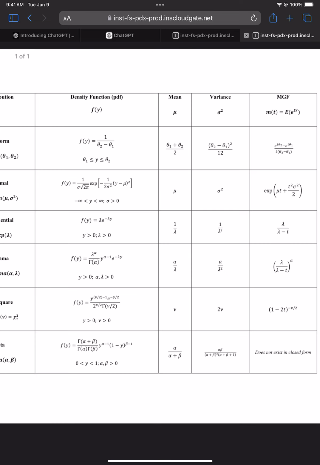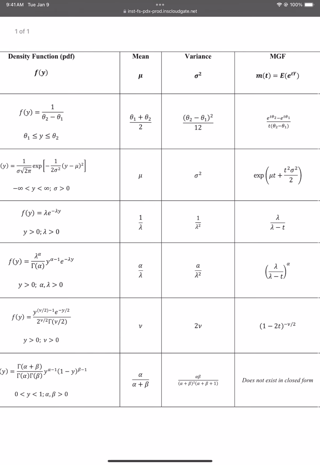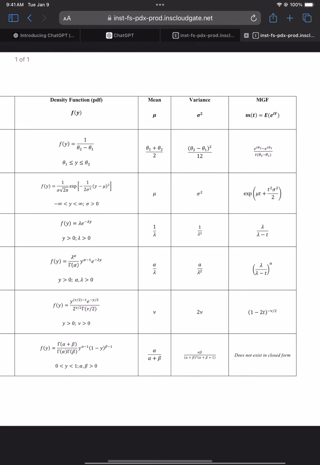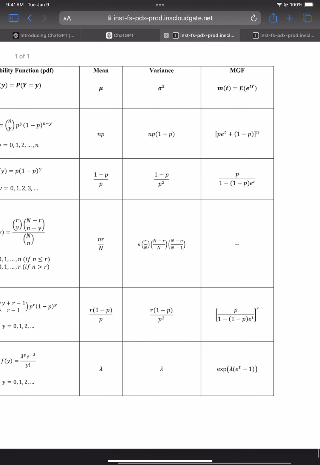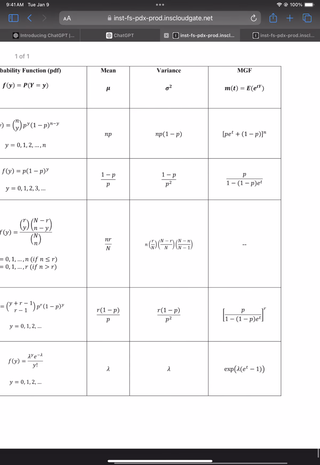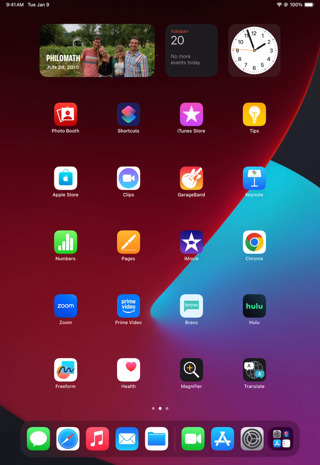On my initial scan, I'm not seeing anything too promising, so nothing really matches up directly. But the closest one looks like the MGF for the geometric random variable, because it's got this e to the t term in the denominator. That's the closest I can get.